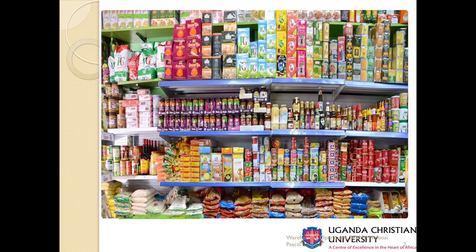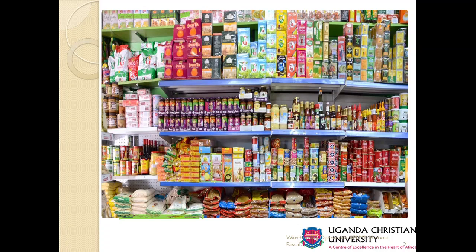Now, all these items have to be given codes. A code is like an identification number to identify the item in the store. Each of these items needs to have a different identification number, just like human beings have fingerprints. All of us have different types of prints.